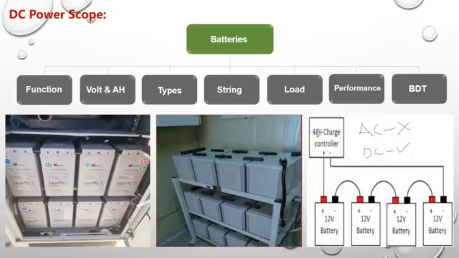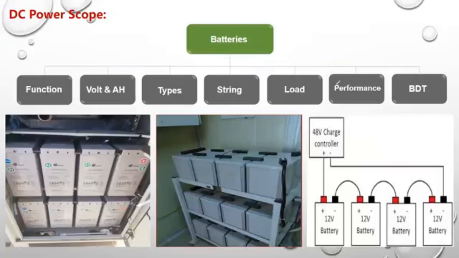Since I want 48 volt DC, I need a number of batteries to be connected continuously with each other so they can give me this 48 volt DC.